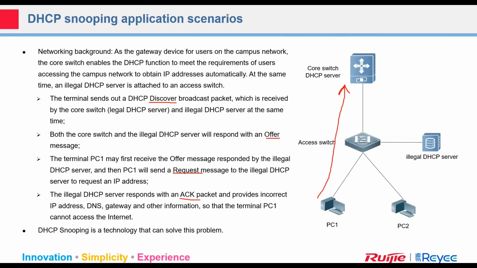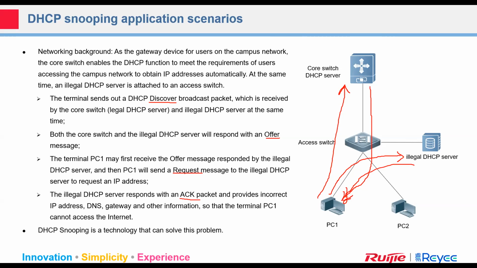And the server will offer back to the PC. But since there is an illegal DHCP server, sometimes when the PC sends the request back, it goes to this other server and is acknowledged back to the PC.